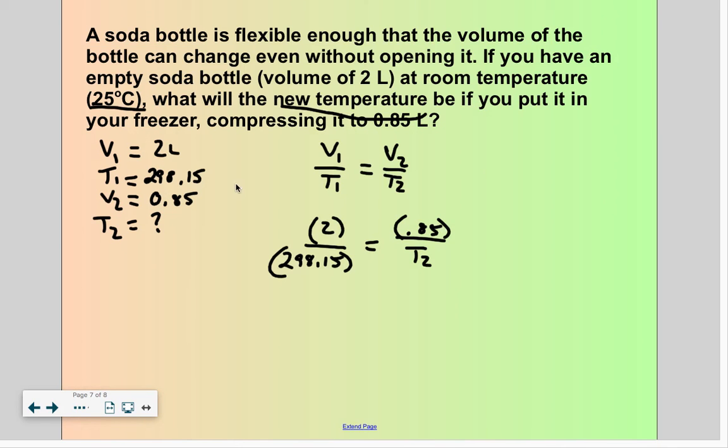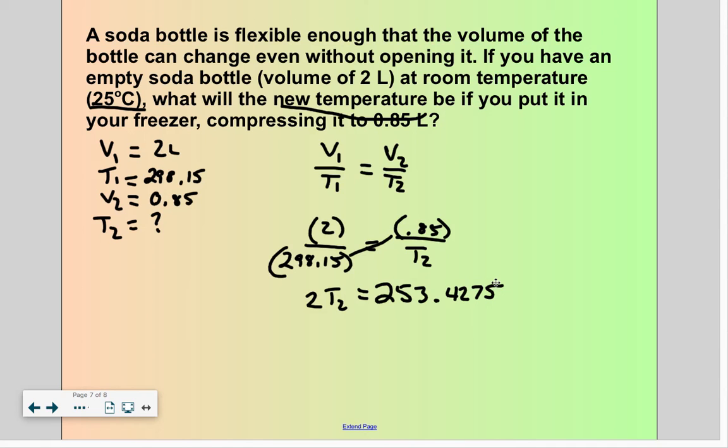And check this out. If you really wanted to, you can see, from 2 to 0.85, that's decreasing, so I should get a number that's less than 298.15. So let's cross multiply first. I'm going to have 2T2 equals 298.15 times 0.85, and that gives you 253.4275 if you wrote out the whole number.